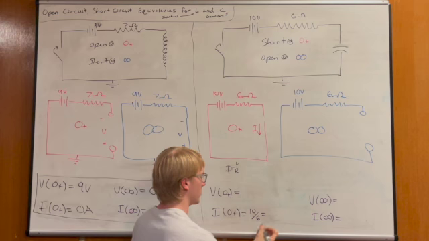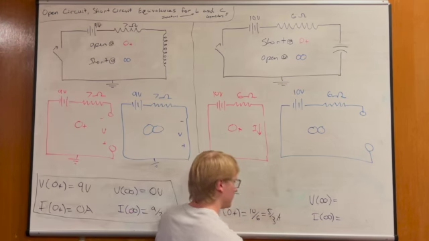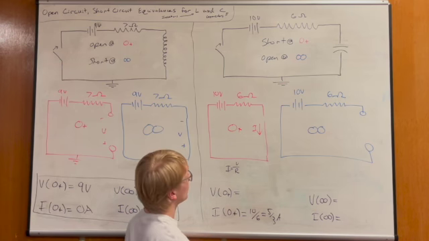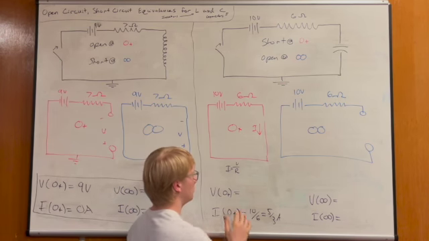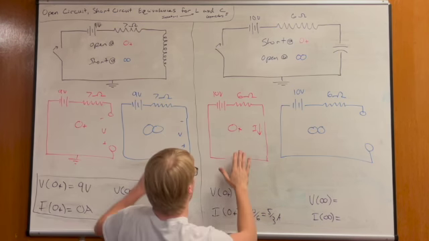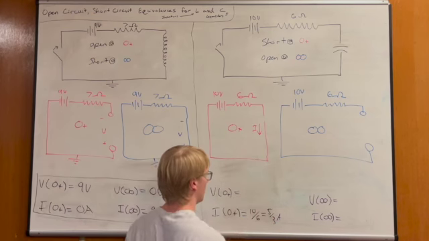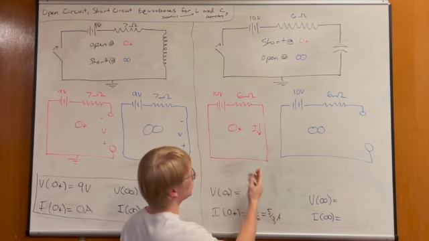So 10 over 6 is 5 over 3 amps, right? Which is the same as this. These two are essentially the same. You analyze them the same way, at least.